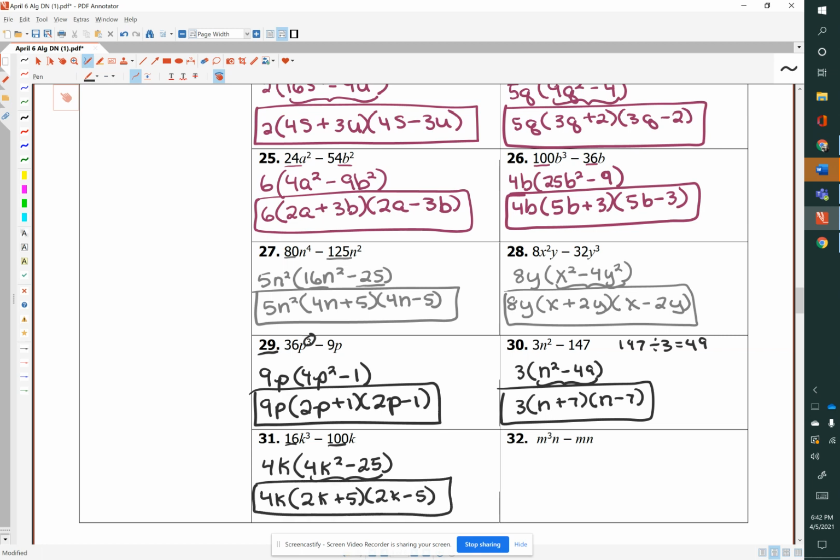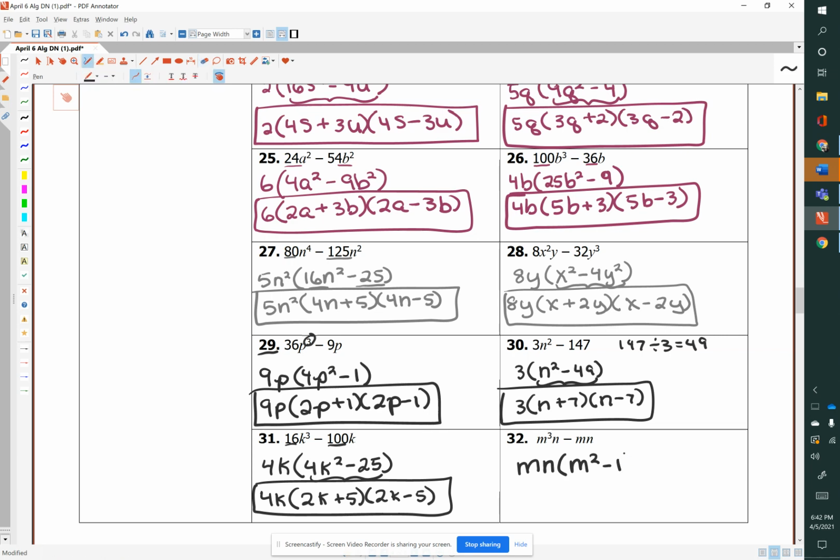And then our last problem here, we have m to the third n minus mn, so we definitely need to factor out an m, but we can also factor out an n, so let's watch how this works. We're going to factor out m and n, which will give us m squared minus 1, because we factored out the m.